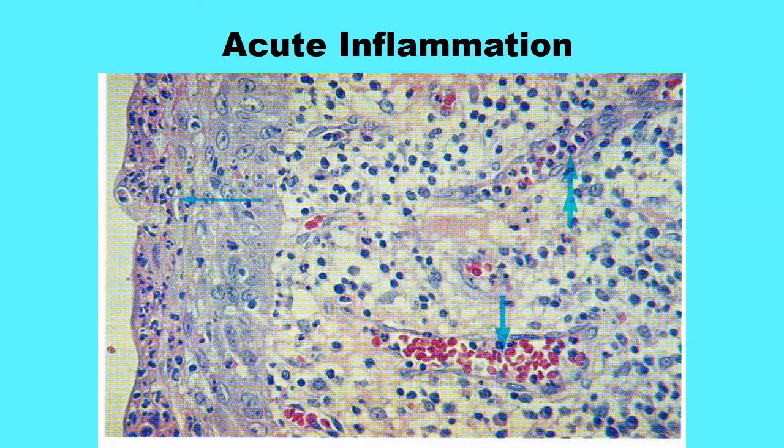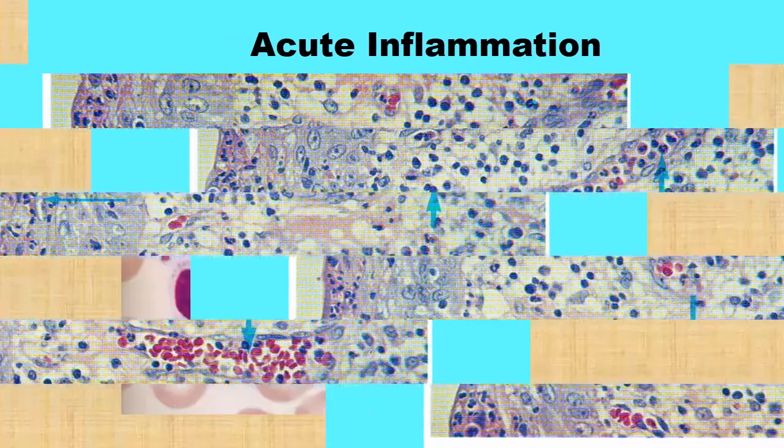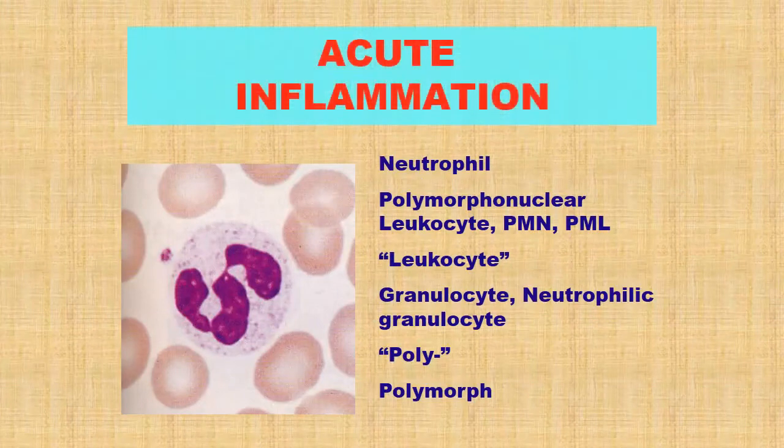This is the microscopic appearance of acute inflammation. There is vasodilation with engorgement of blood vessels, and infiltration of tissue by numerous inflammatory cells, mainly neutrophils, within the background of inflammatory fluid or inflammatory exudate. This is the feature of a neutrophil, which has a multilobed nucleus and granules within the cytoplasm, or granular cytoplasm.